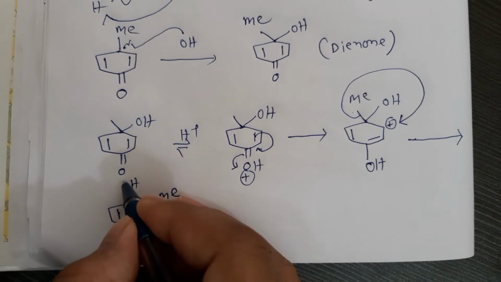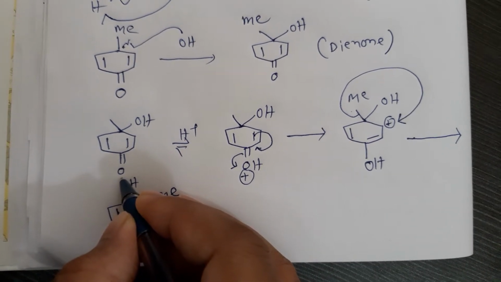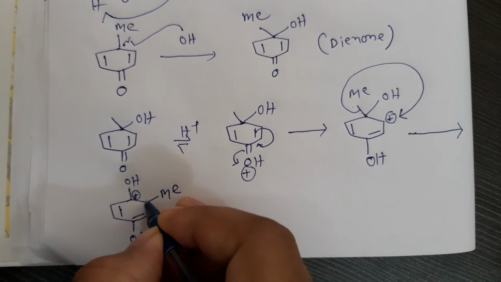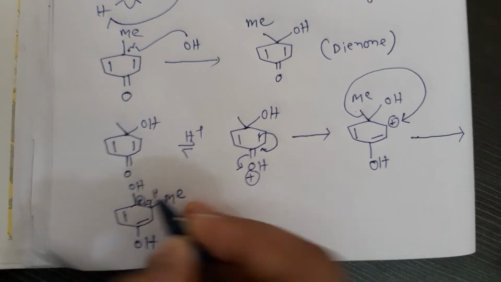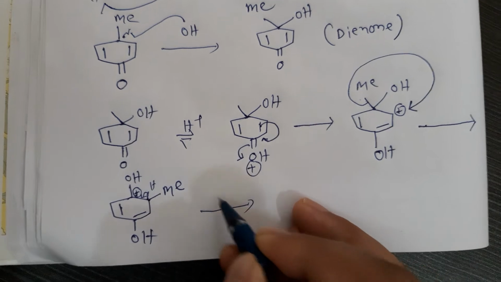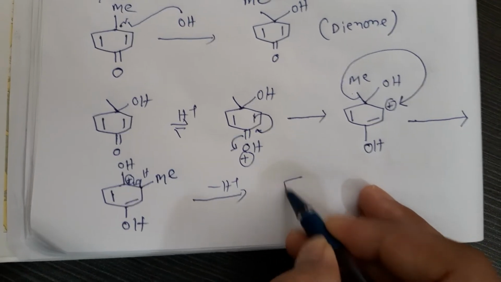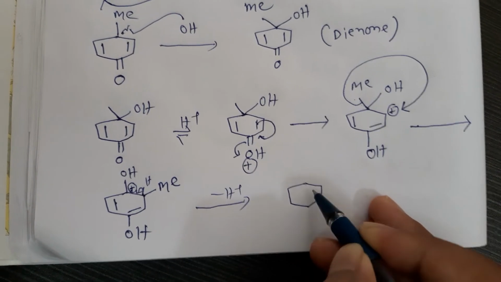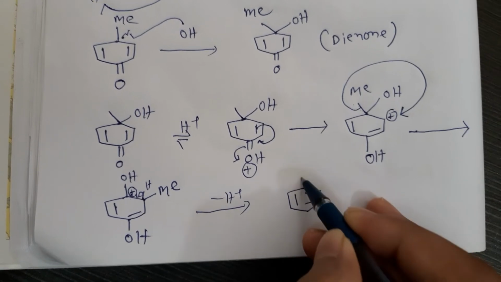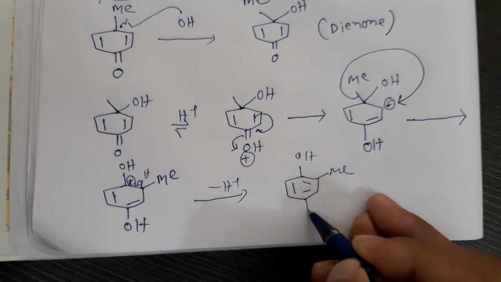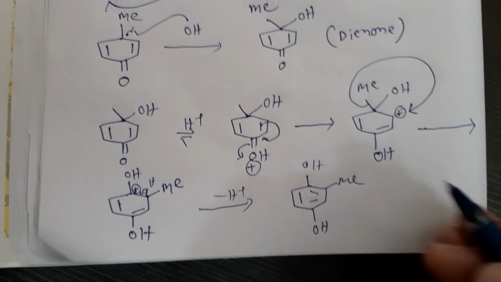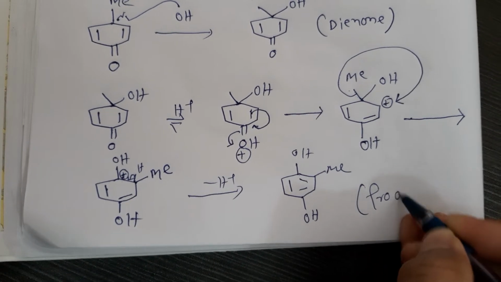After that, just hydrogen from here, then minus H plus to form the product. Here OH, here Me, here OH. This is the final product.